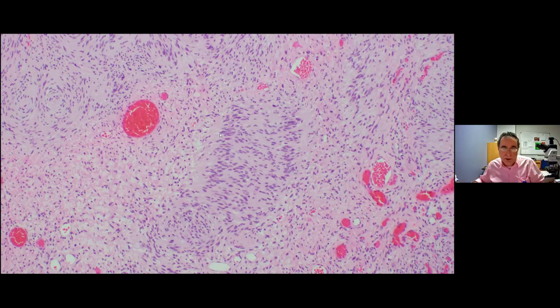Another hallmark feature of schwannoma is the so-called Verocay body. A Verocay body is basically palisading of the cells around a hypocellular or acellular area, just like in this particular example.